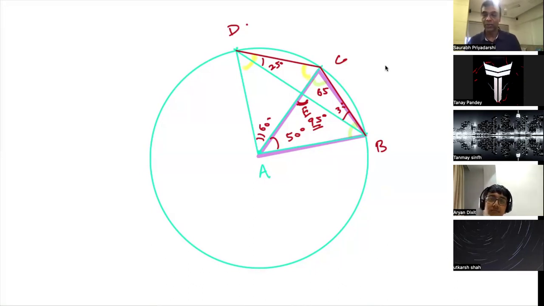The cyclic quadrilateral will always be there in most of the good questions in IOQM or in RMO. Most of the questions you have to start with that only. We have to start with the basic thing, like creating some circles.